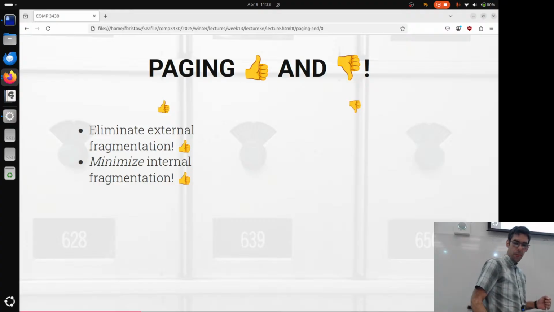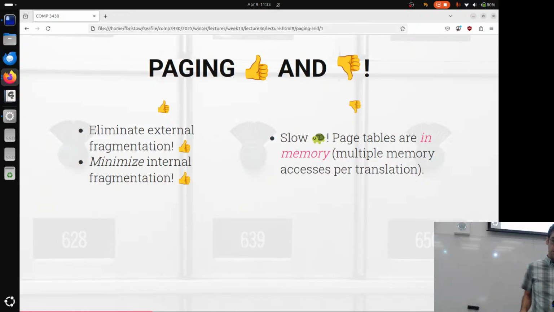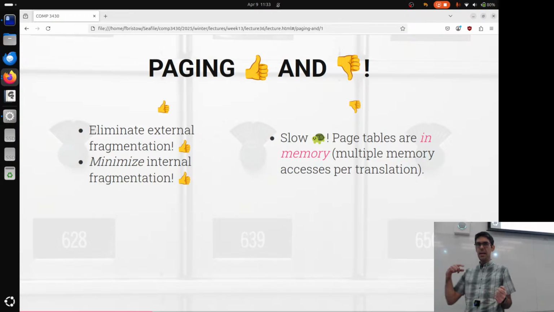But we ran into some problems last class, which are that page tables are slow. To decode a virtual address from our program counter, we have to access memory multiple times. As an operating system, we're filling up this page table and we're telling our hardware, here's where the page table starts.